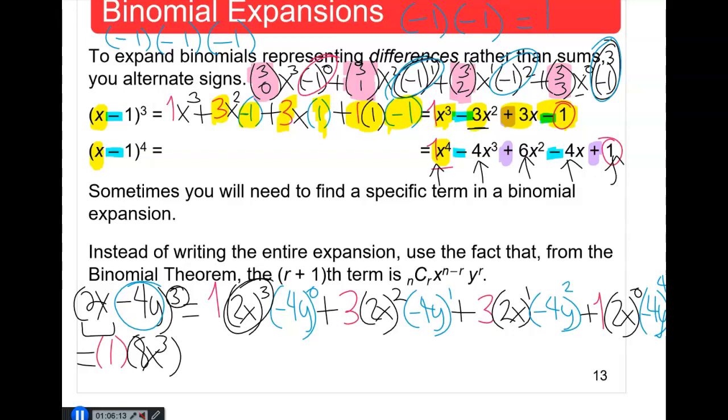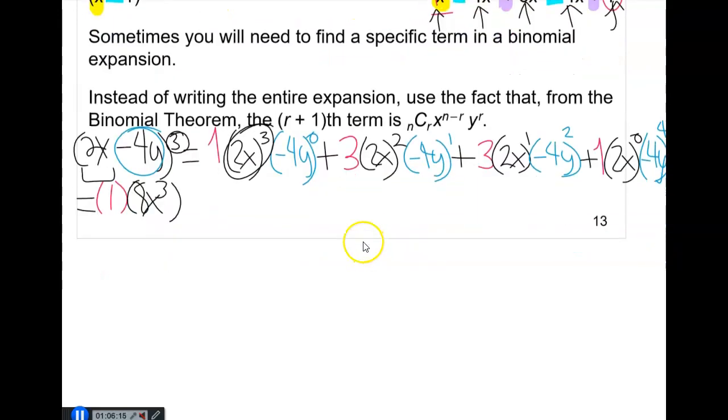For y, it's easier, because it's just raised to the power 0, so that would be equal to 1. Next binomial coefficient is a 3. For this part, 2x squared is going to be 4x squared. Also, the coefficient gets raised to that power. And then we have negative 4y to the power 1, so it's just negative 4y.